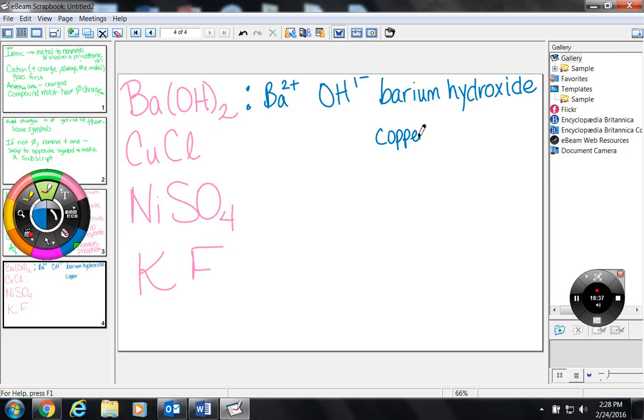What's the charge on the copper? Hold on. Put the charge on what you know. Positive. It's one. Okay. Well, but you know the charge of the chlorine, right? You always know the charge of chlorine because it's in a certain column. It's a -1, and there's no subscripts, right?